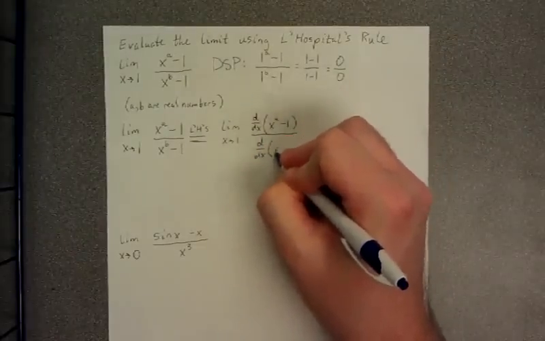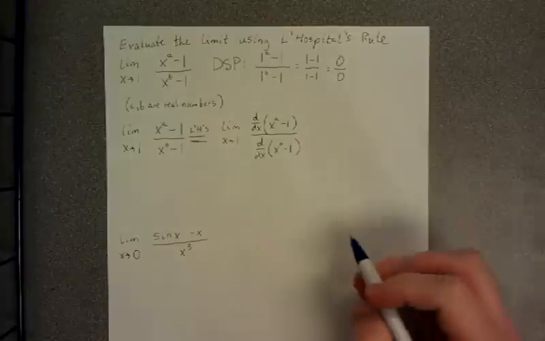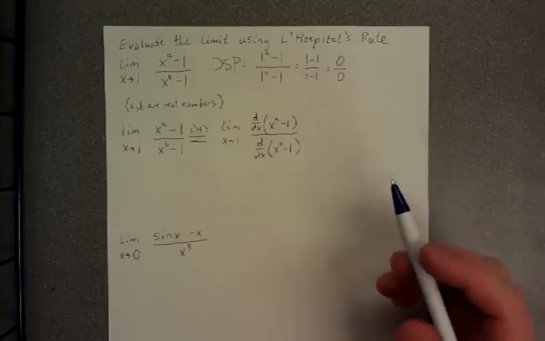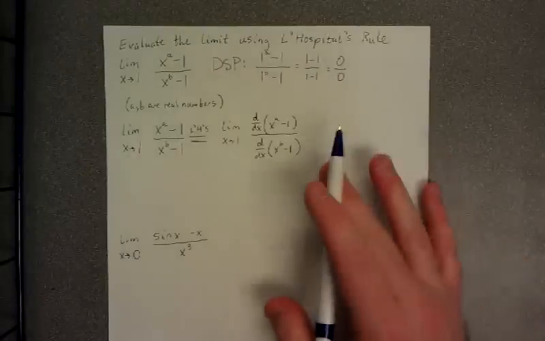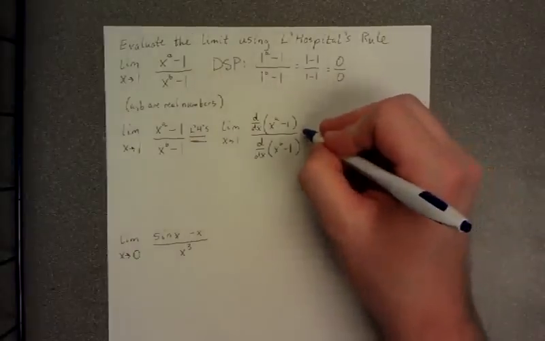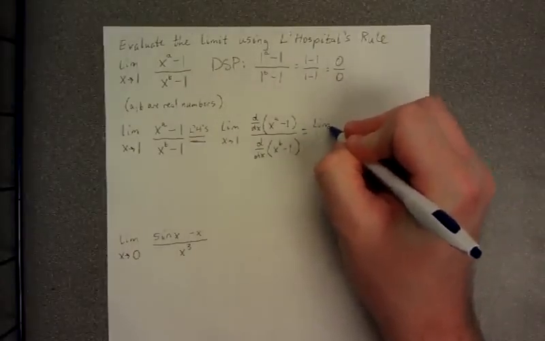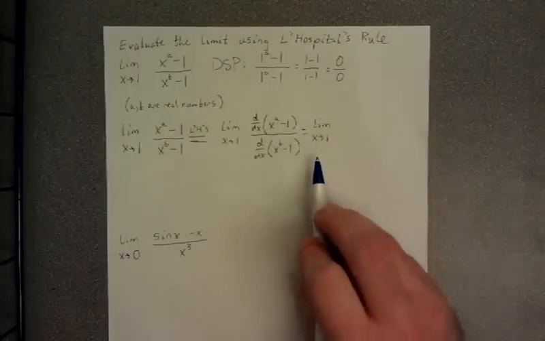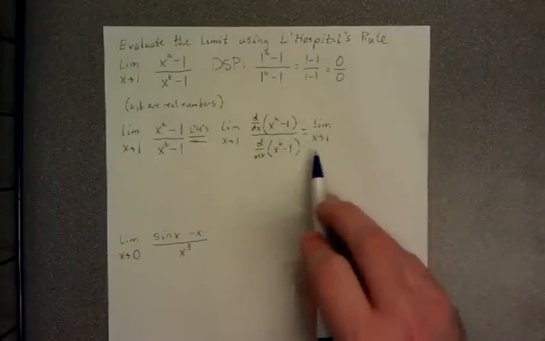Anytime we have an indeterminate quotient, we can apply L'Hopital's rule. In a couple more examples that I post, we'll talk about other indeterminate forms like the indeterminate product, difference, or power. Evaluating these derivatives, be sure that each step you go through, you're still copying down that this is the limit as x approaches 1. If we forget to write the limit, it changes the value of the problem.